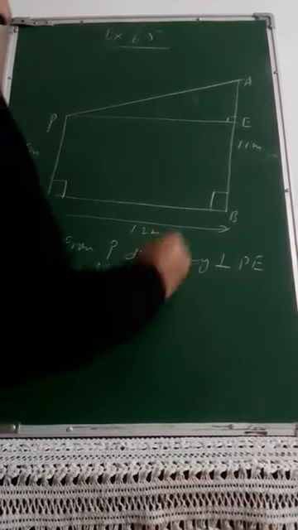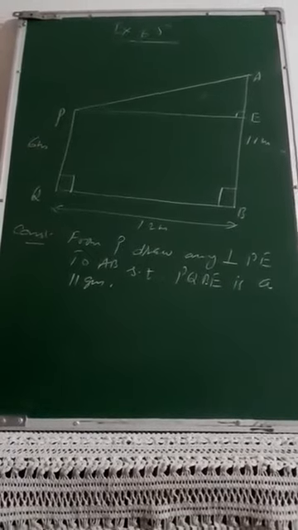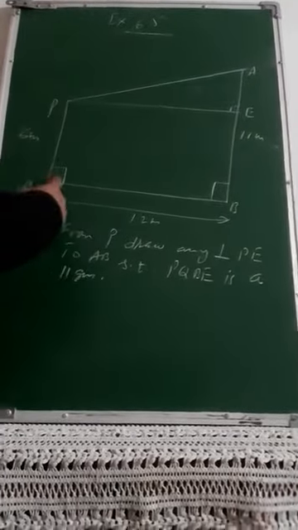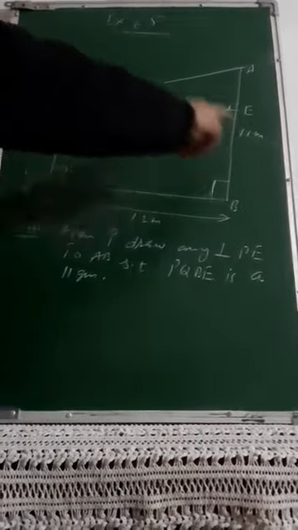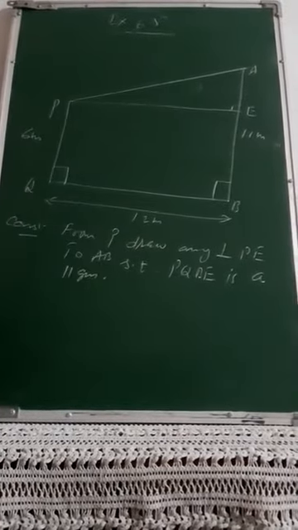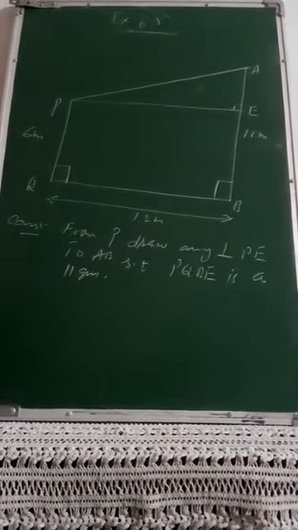This PQBE becomes a parallelogram. I hope all of you will be agreeing with me. Why do I call this a parallelogram? You see, 90, 90, linear pair, this also will be 90, and the fourth automatically will be 90 by the angle sum property of a quadrilateral.